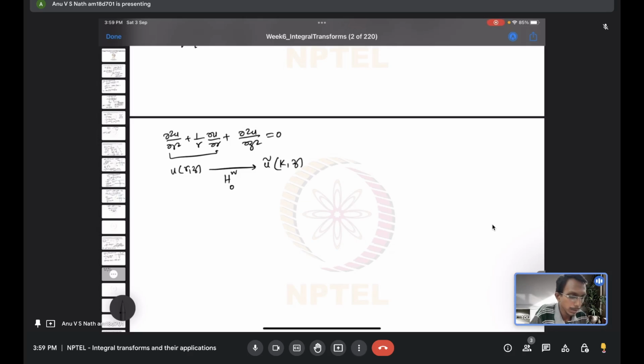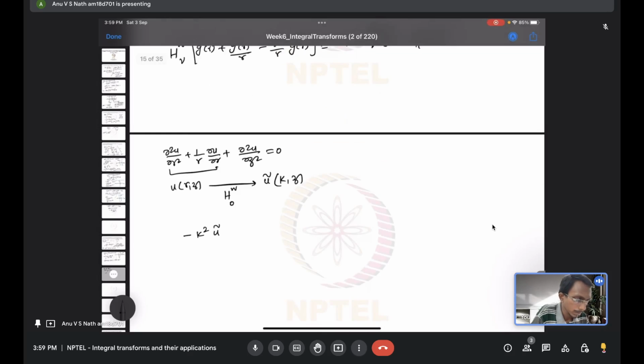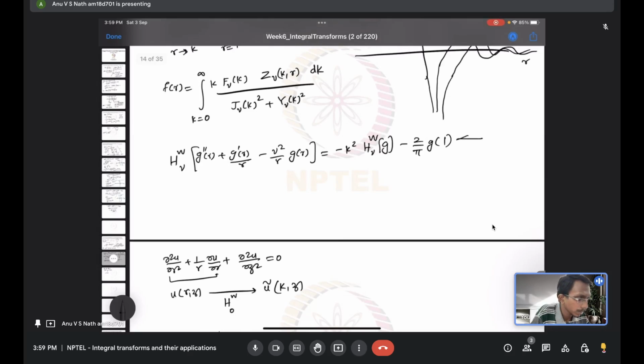Now we take the transform. From the property it is just minus k square times u tilde of k and z. Then we are using equation 1.